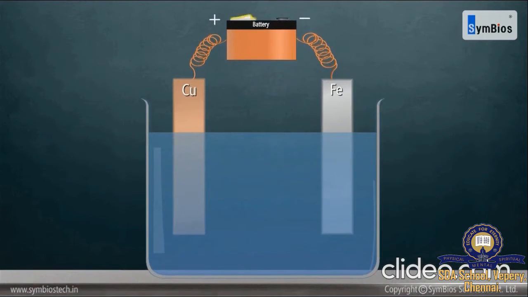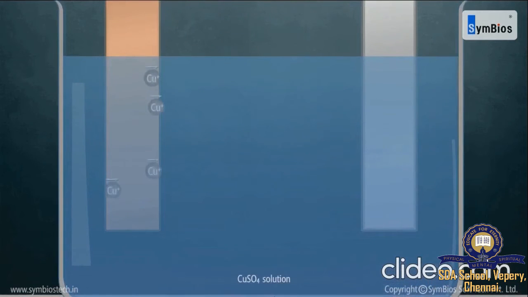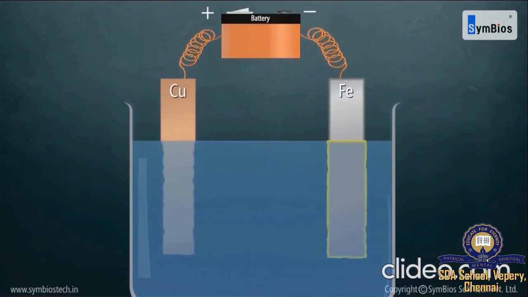Switch the power source on. Copper is reduced to form copper plus ions, which travel through the solution to deposit on the cathode. The ions deposit on the surface of the metal that is to be coated. In this way, a layer of copper is formed on the metal.